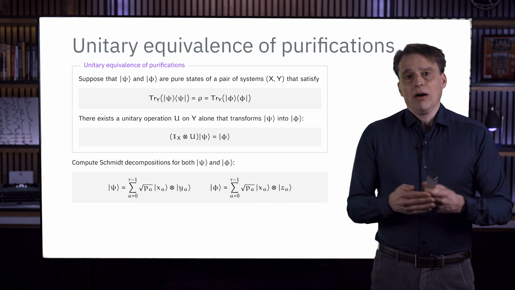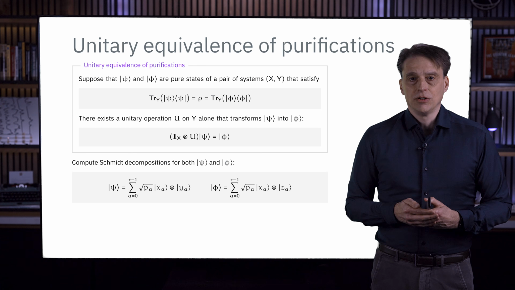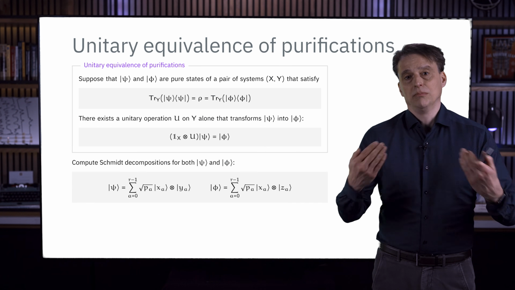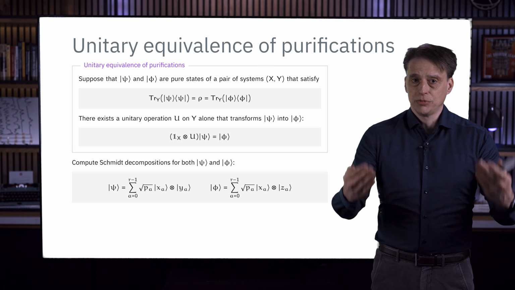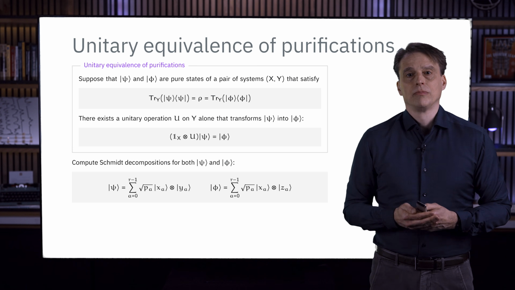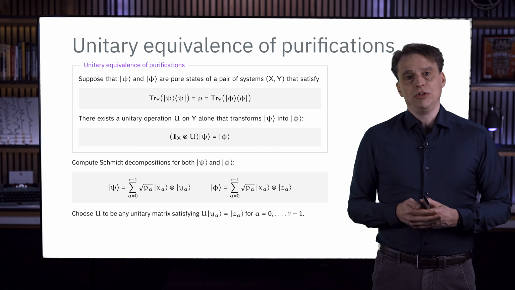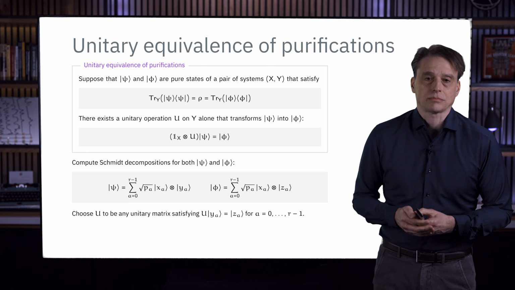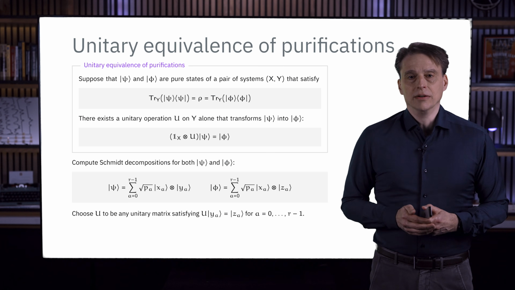So, we now have Schmidt decompositions for our two vectors, which look very similar, except that the vectors for the second system may be different. But these are Schmidt decompositions, so these two collections are both orthonormal. And so we can simply choose a unitary matrix U that sends ya to za for each a. You can always do that.